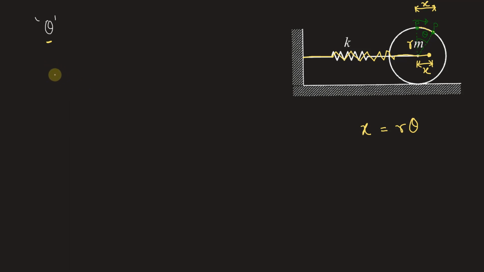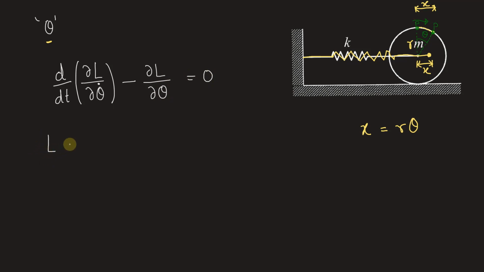Lagrange's equation is given by d by dt of the partial derivative of the Lagrangian with respect to angular velocity theta dot, minus the partial derivative of the Lagrangian with respect to the rotation theta, equal to 0. The Lagrangian can be calculated as kinetic energy T minus potential energy V. Kinetic energy of the system is contributed by the disc.